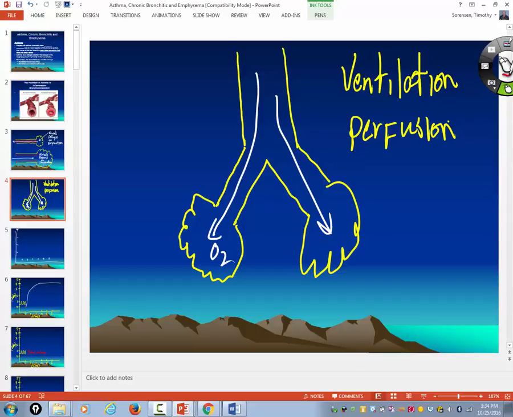So you're increasing blood flow to the lungs by contracting your legs, sending more blood to the lungs, but at the same time you are ventilating more alveoli. So that 1-to-1 perfusion ventilation ratio is maintained.